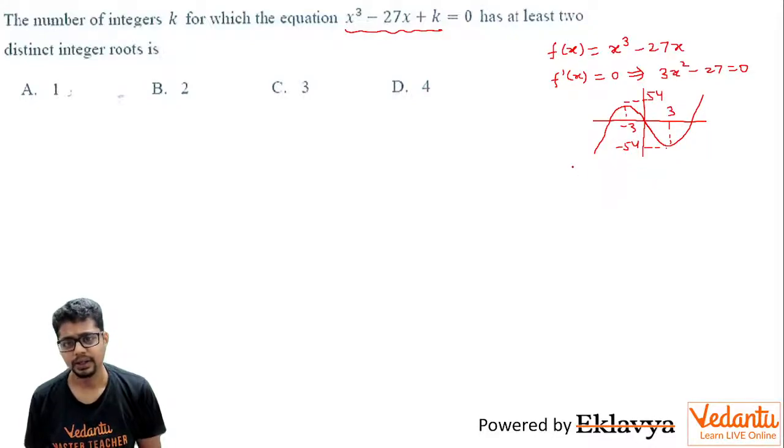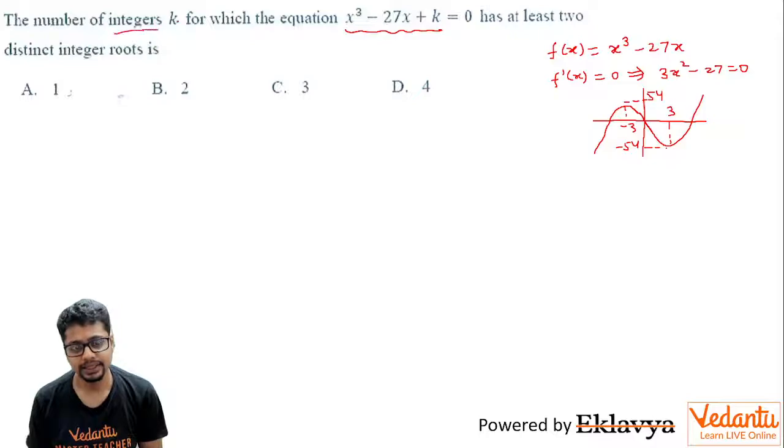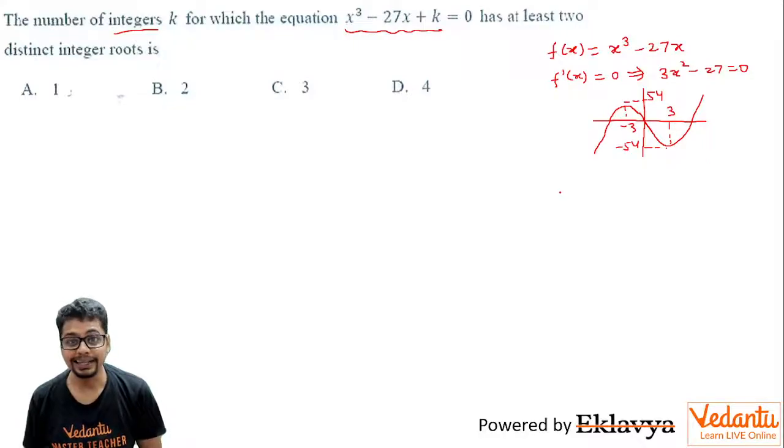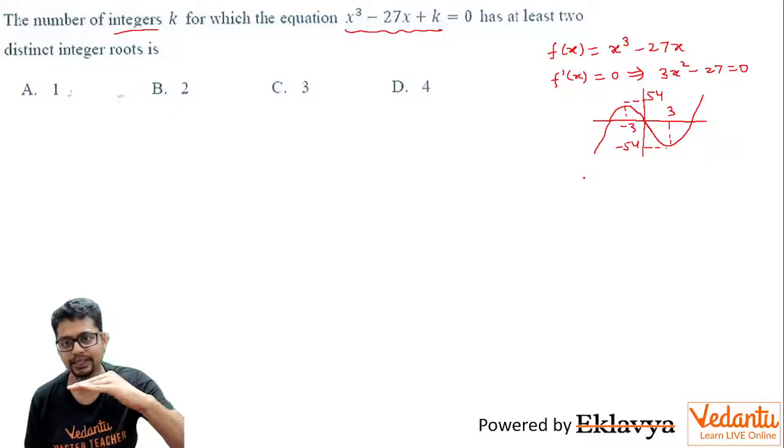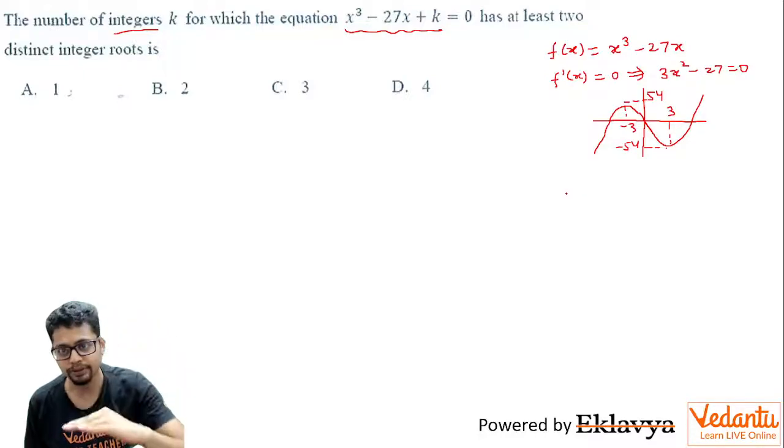So here first of all, at least two distinct integer roots, and also we are interested in the integer value of k. For at least two distinct integer roots there should be at least two distinct roots, which will be when you shift the graph above by 54 units or below by 54 units.